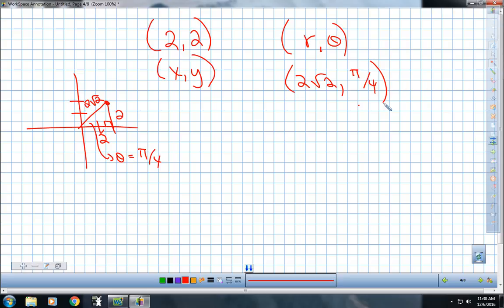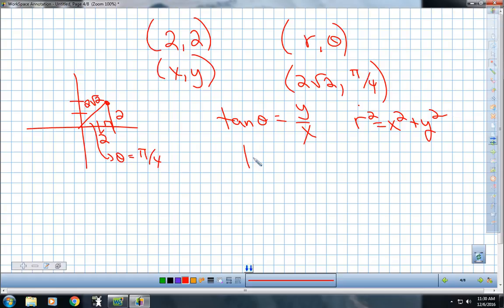But let's say that you don't remember any of this. Well, then you can utilize these formulas because we have the rectangular coordinates, x and y, so we can find r and theta by using these. If it's not something that's nice, then you can just use this.